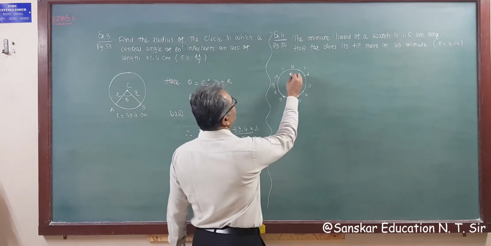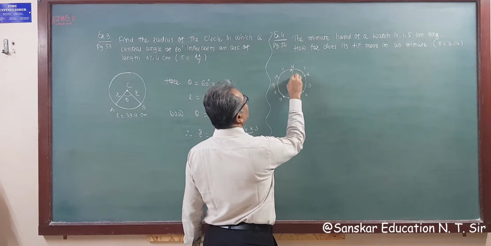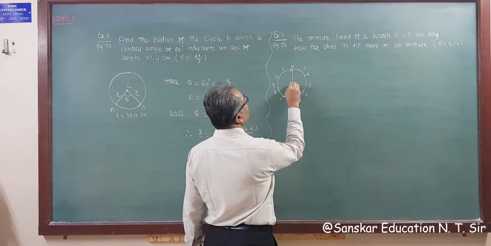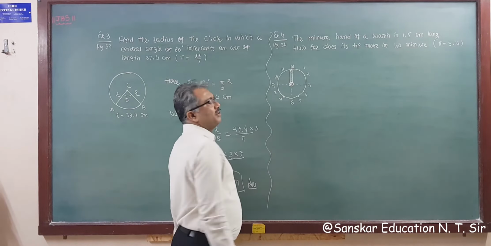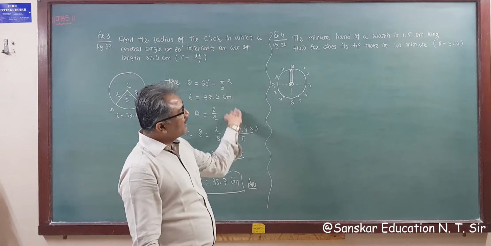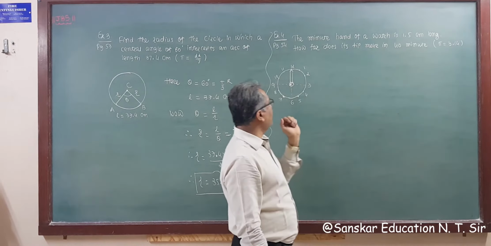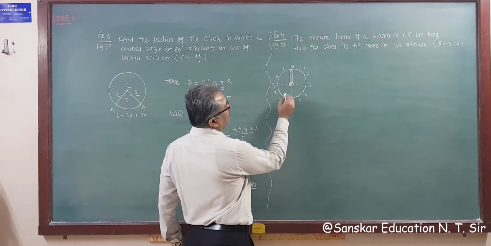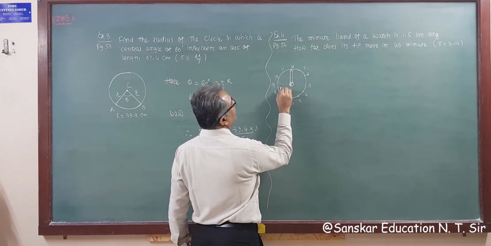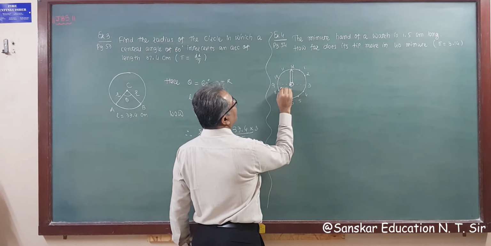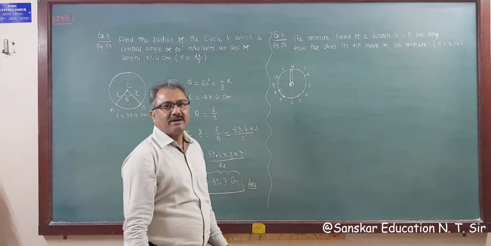So suppose this is your minute hand. This is the long minute hand, joined here. So this is your minute hand. How far does its tip move in 40 minutes? In 40 minutes this tip must be here.